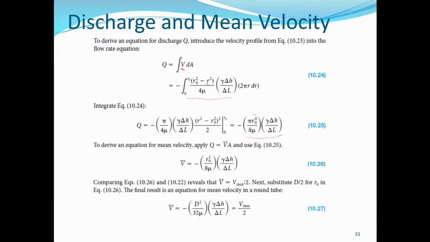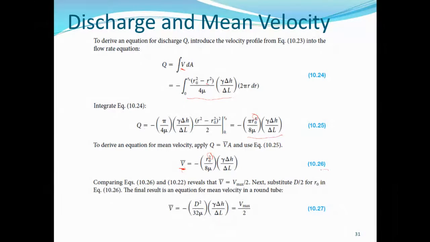That's why here is power of 4 and here is power of 2, because we divide by pi r naught squared, the area of the pipe, to get the average velocity. Once we get the average velocity, we can divide V over the average velocity.